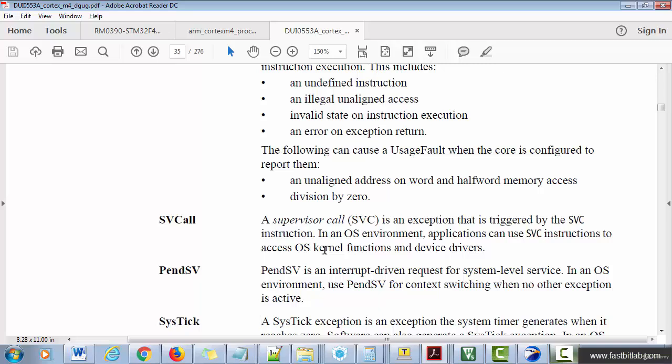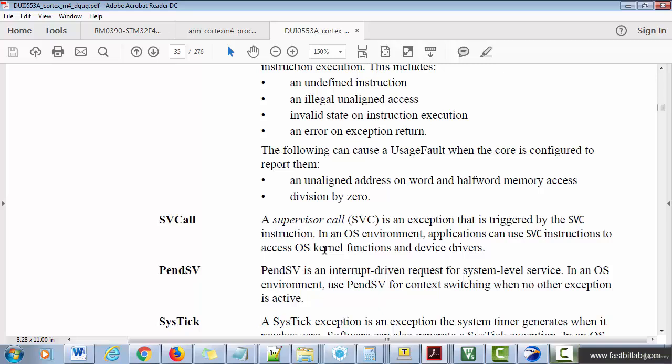For example, memory is also a restricted resource. In that case, the application can request a service from the kernel, and for that purpose the SVC instruction is used. The application has to execute the SVC instruction along with the service number.